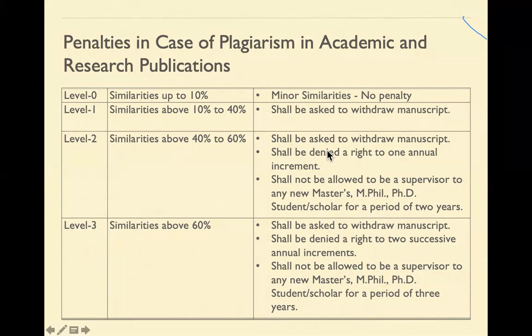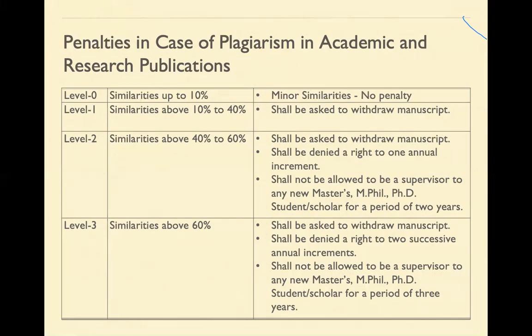Then for 40 to 60%, such faculty or staff will be asked to withdraw the manuscript, shall be denied one annual increment, and shall not be allowed to be a supervisor for 2 years. And then if it is above 60%, in addition to this, two increments will be stopped, and he or she will not be a supervisor for a period of 3 years.